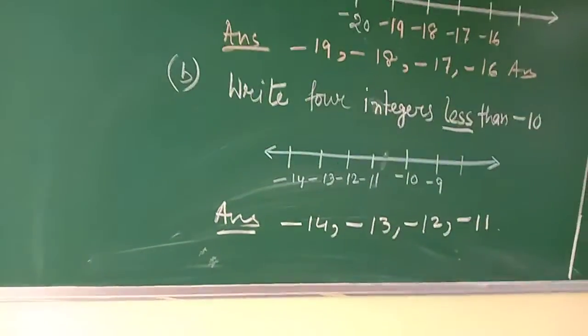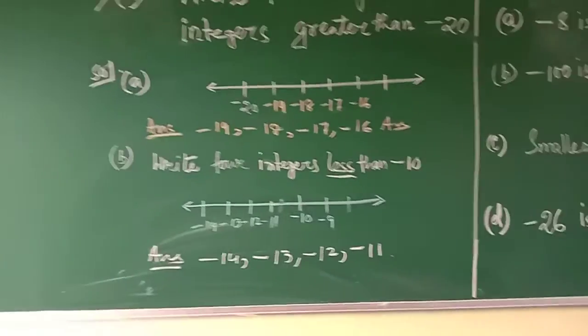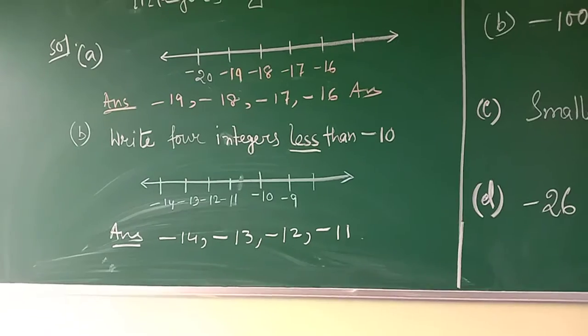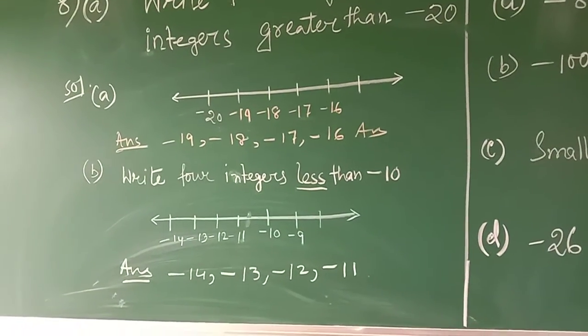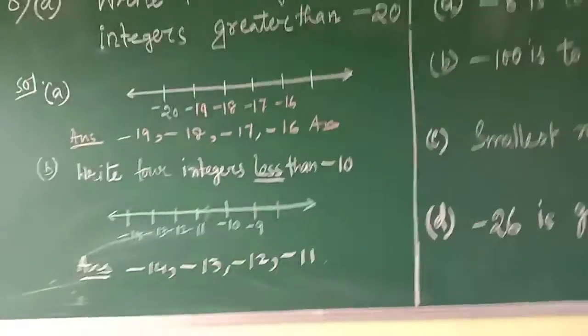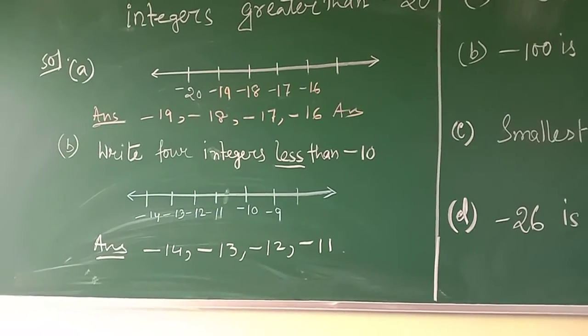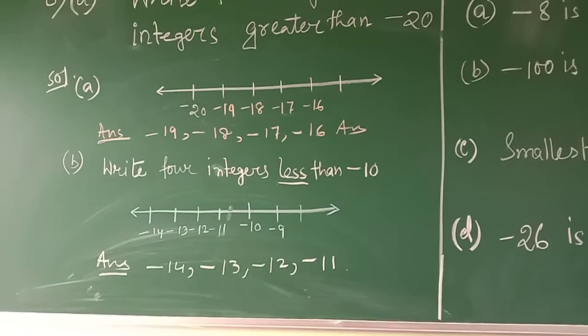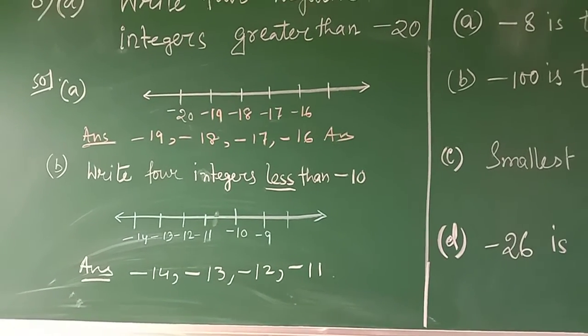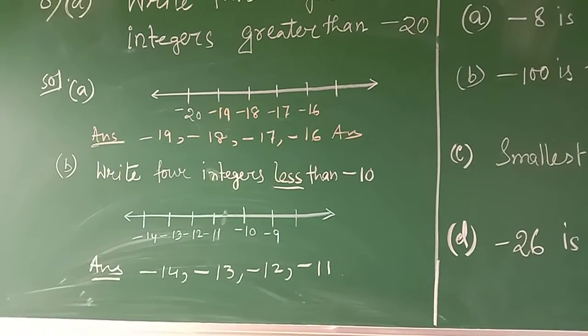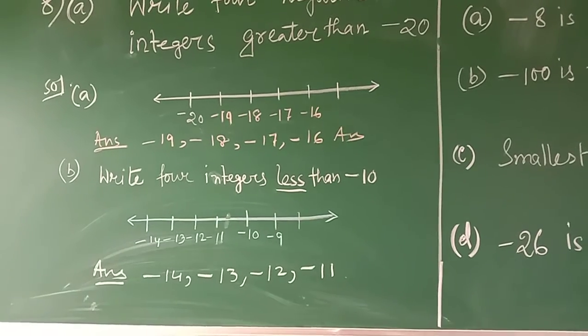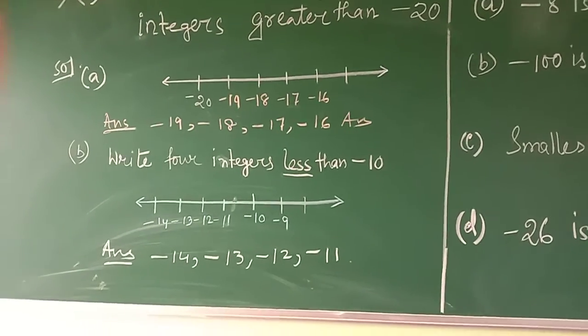Is that clear? Students, can you see the board? And when we are writing the lesser number and greater number of an integer, I have taken the help of a number line. As you are beginners in this integer section, if you use this number line, it will be easy for you to clear your concept.